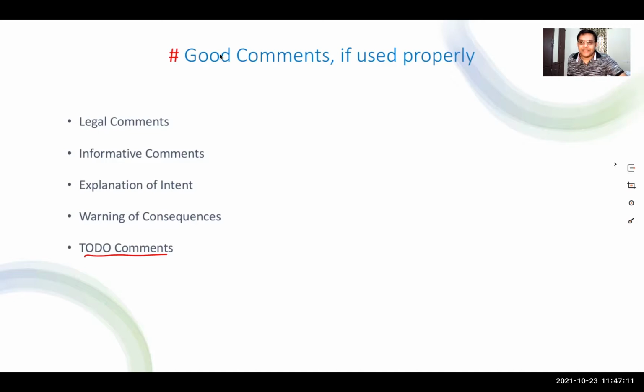Okay, so to-do comments are there. Basically, I can add to-do comments. There are some special formats. It's basically a comment only, with the keyword TODO out there. So I know that there is something I have to do, but it's not a priority. Maybe something I have to refactor, but for now I'm doing some checks on applications.